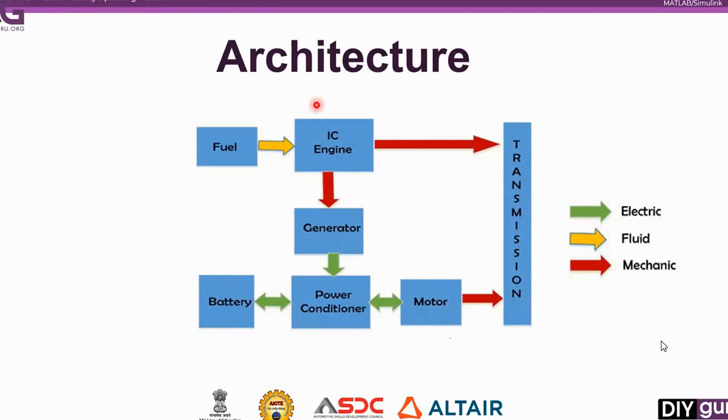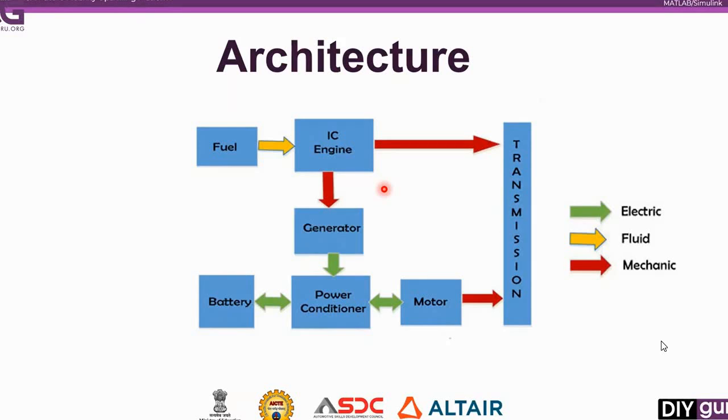So what happens here is the IC engine will operate at a much higher operating range. When I say higher operating range, it's the optimum range, where the maximum fuel economy is available in the IC engine. Say for example we are cruising at 40 kilometers per hour, and the IC engine is utilizing an optimal power range.